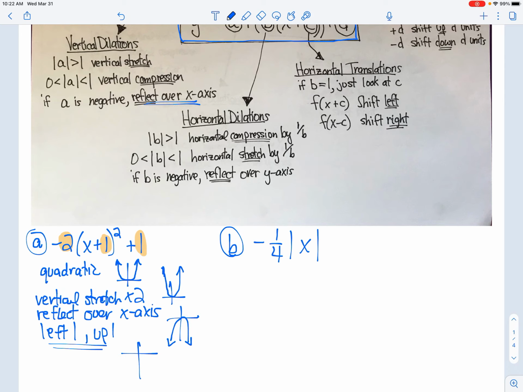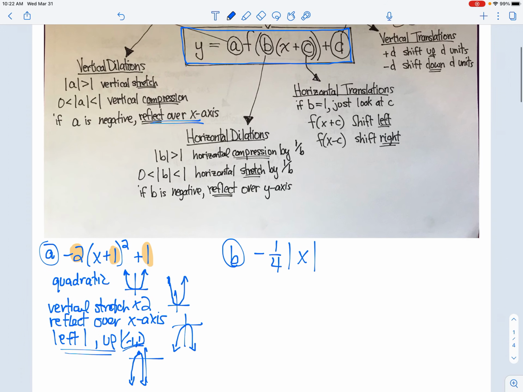So you can see that the new important point is negative 1, 1. And so much is anchored from that new important point, which was the 0 of the one before, that it makes it much easier to identify and to graph where that function is going to end up.